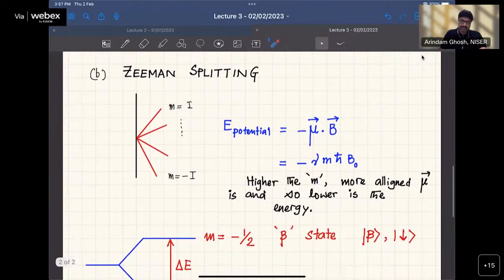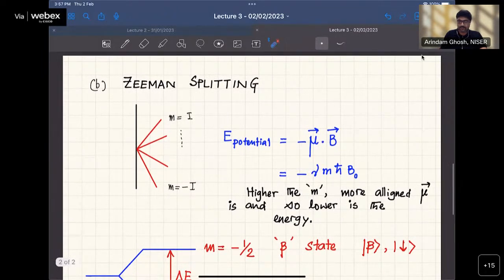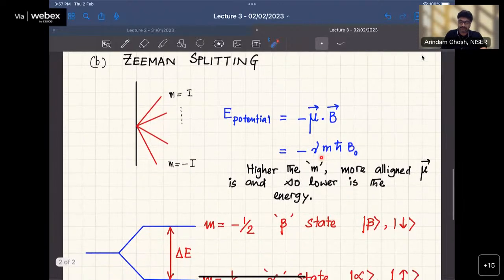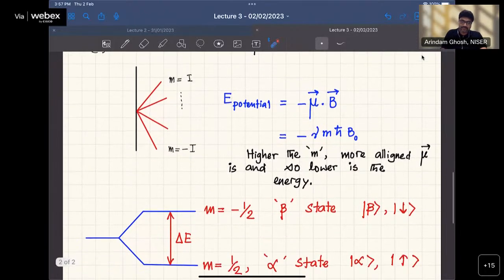The last thing we did last time is the Zeeman splitting, and that is coming because of another effect of this magnetic moment interacting with this B, and this is the interaction energy. We have derived this particular thing. So obviously, for different M values, we have different orientations for a given Z component.